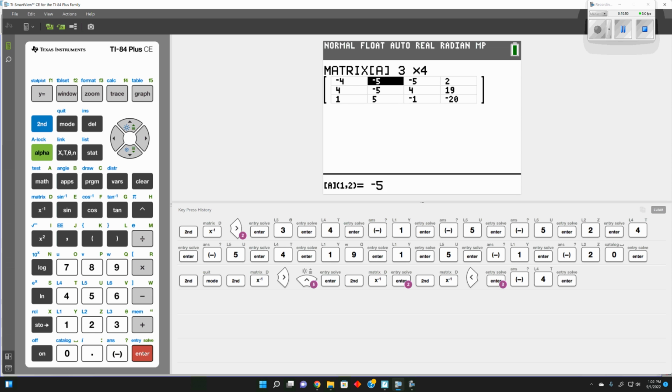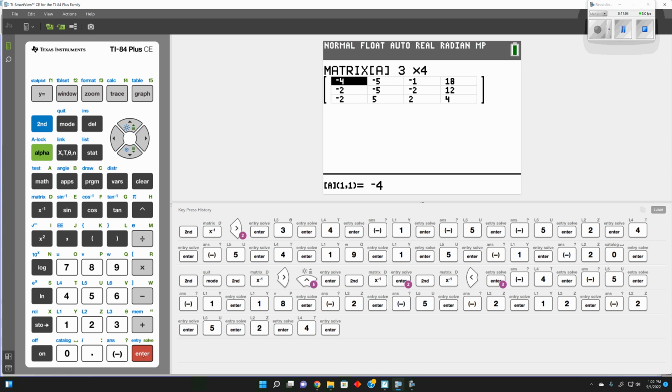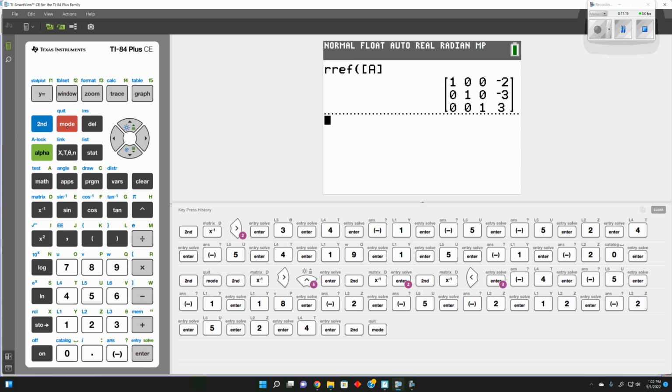So -4, 1. And I have a feeling at this point you're getting faster and faster at plugging these in, especially with enter. Using enter after each number makes it even faster to just run through them. Now at this point here, we can go second quit.